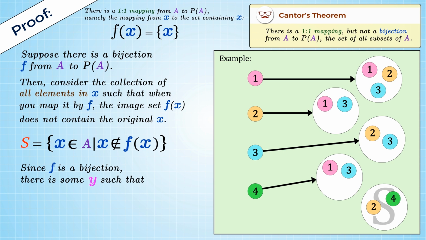Since f is a bijection, there is some y such that f(y) equals S.